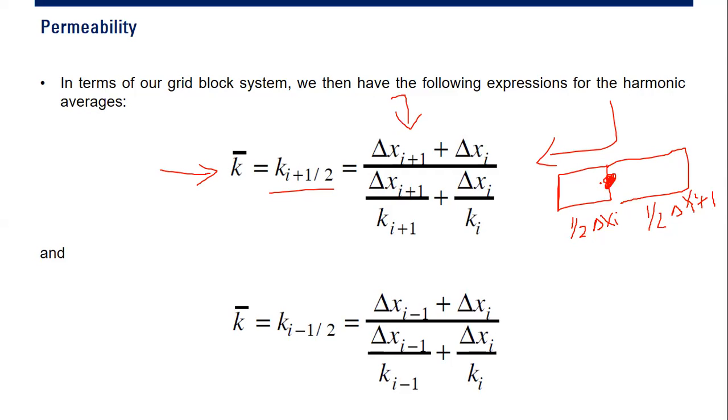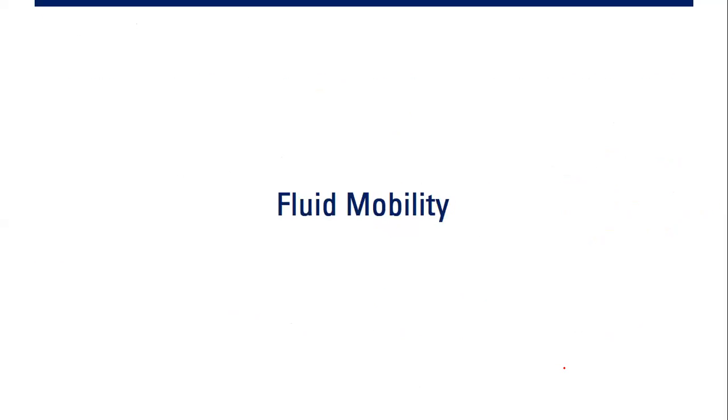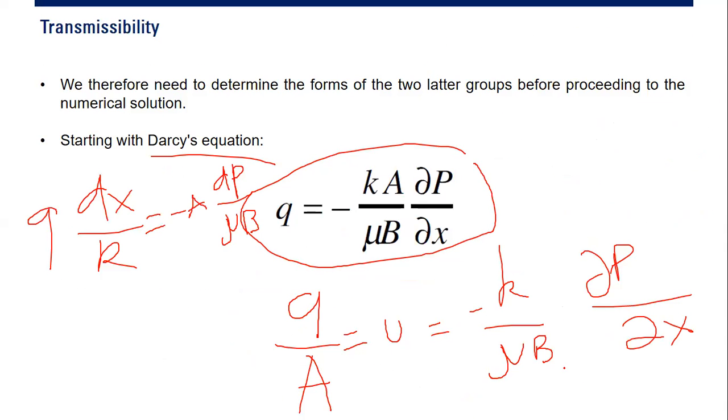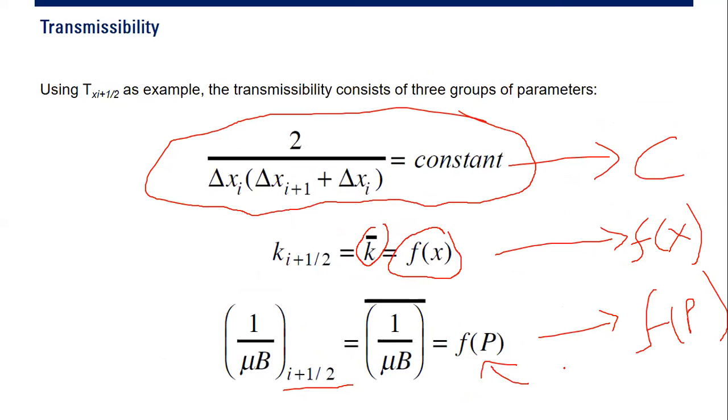That's for the plus direction, and for the minus direction is this one, K at i minus half. That's for the transmissibility and permeability issue of the fluid flow equation.